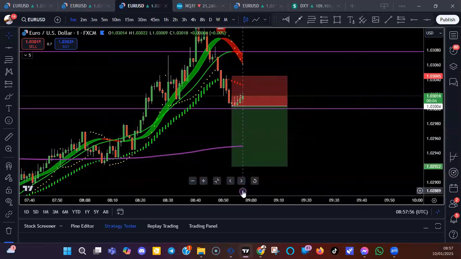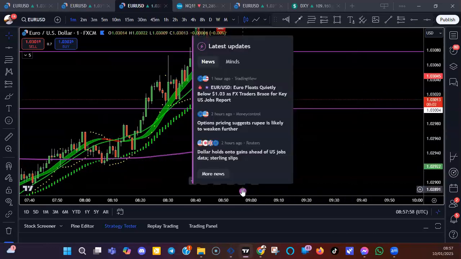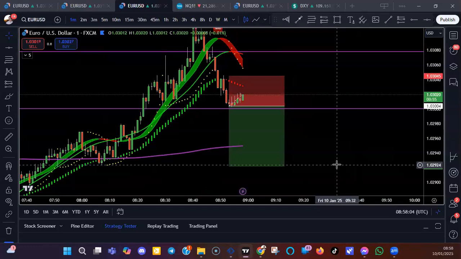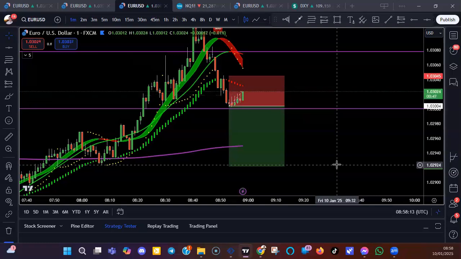What does the bubble say? Oh, still the same information as of an hour ago. So take a screenshot of that if you want to, or mark it up on your own TradingView chart.